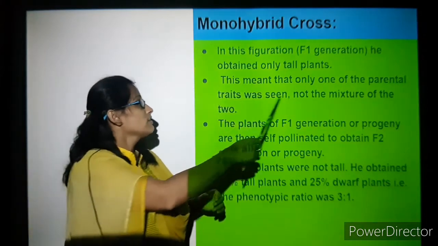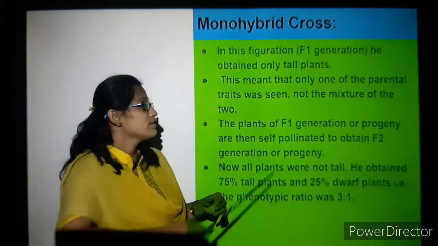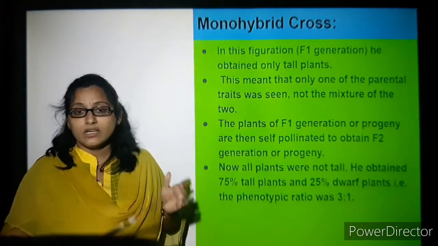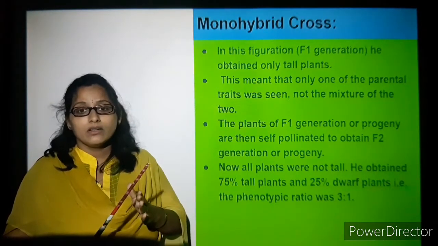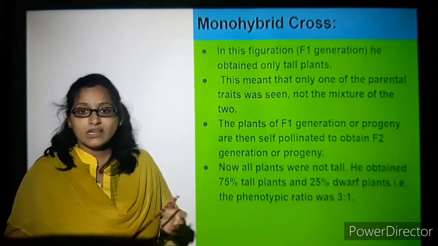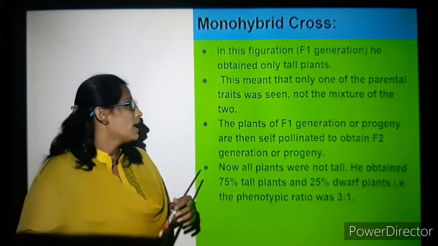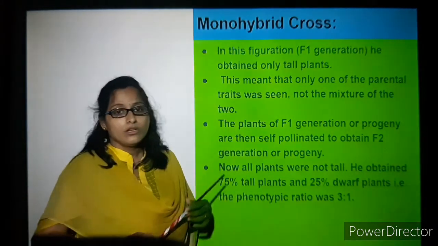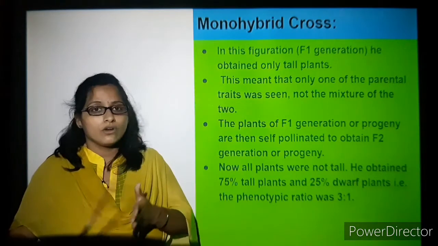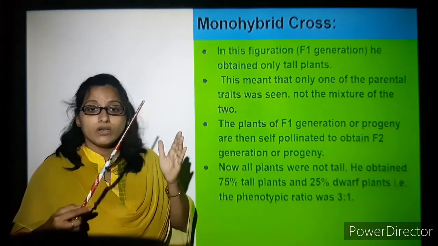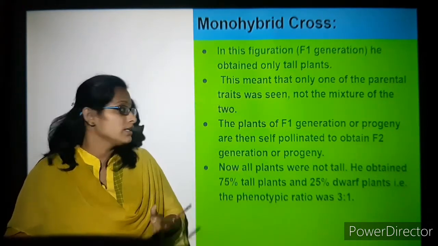So this means that only one of the parental traits was seen. What was that? It was tallness, and no mixture of two. A mixture of dwarf and tallness was not seen here, only tall is dominant here.